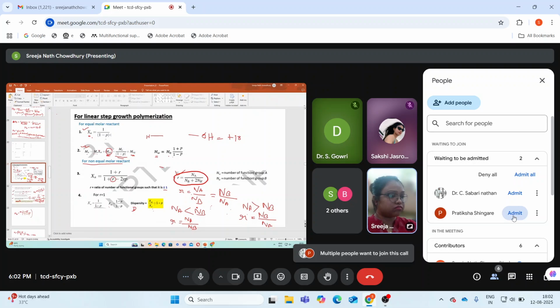Let's start with the statistical theory and molecular weight distribution of linear polymer.